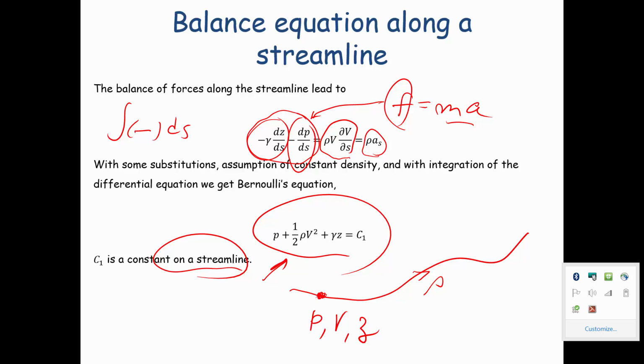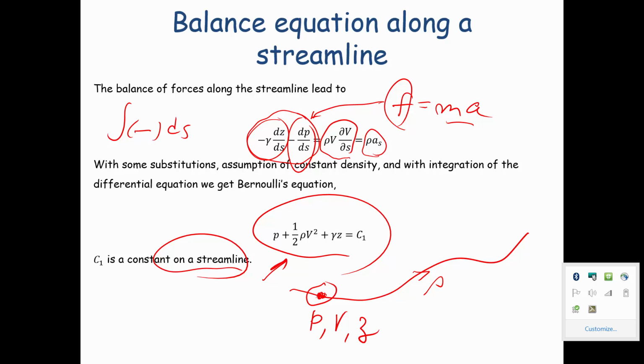And what would vary as we go along S would be possibly the velocity, possibly the elevation, possibly the pressure. But we know that the combination of those three variables given on the left-hand side of that equation has to always sum to be equal to the constant that we determined at this point right there.